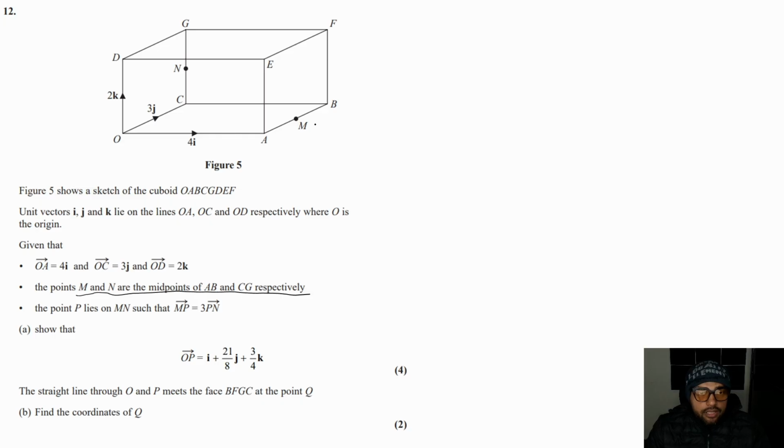So M is the midpoint of AB. Since OC is equal to AB, it is already visible to us, we can say that this value will also be equal to 3j. And N is the midpoint of CG, so this part will be equal to 2k.